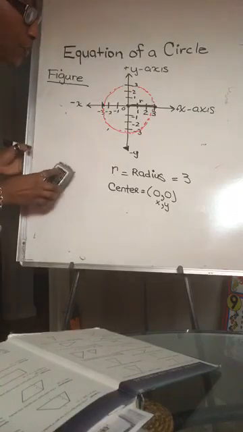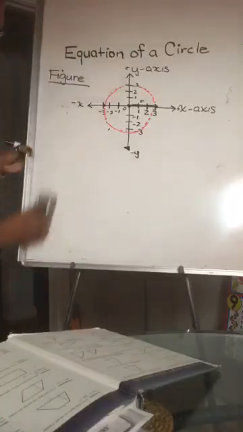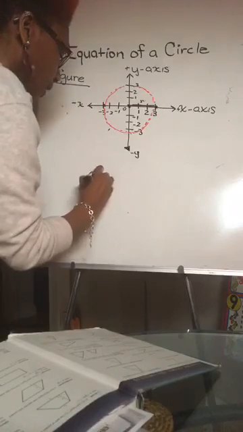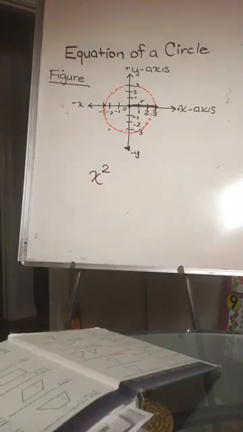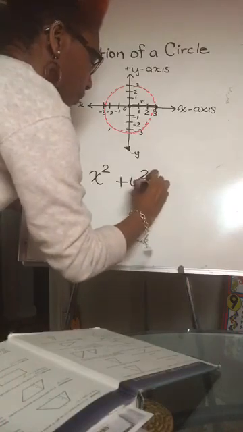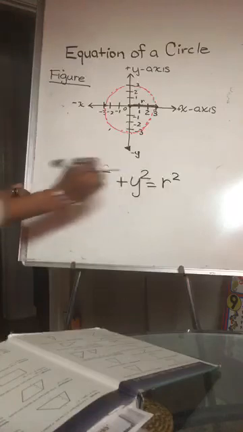I'm going to erase this also because I need the space. So the equation of a circle is x squared plus y squared equals r squared. See, there's our radius. R represents your radius.